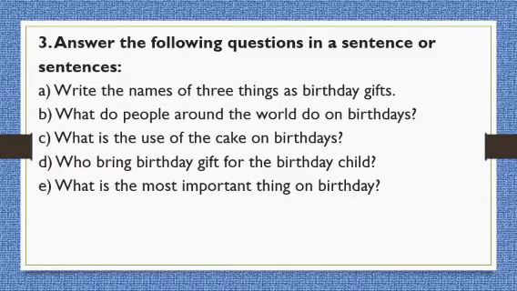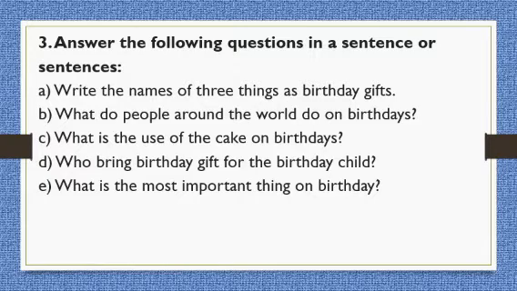So the answer is: the birthday child's friends bring birthday gifts for him or her. In these questions, you should not use another word which is not related to the passage. It can be a correct answer, but as it is from a seen passage, you have to answer it from the passage. You should not write wrong words which are not mentioned in this passage.